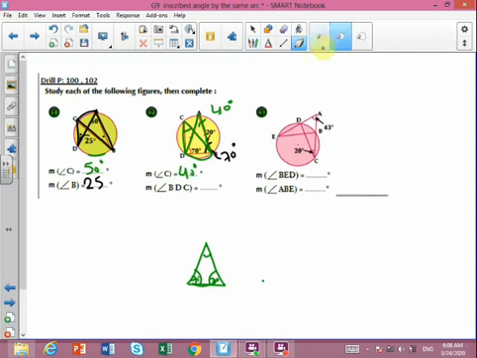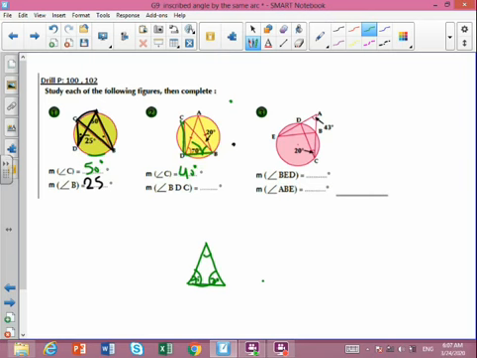What about the measure of angle BDC? Where is BDC? BDC, this part, this small one, equals what? Okay, this part is 70.